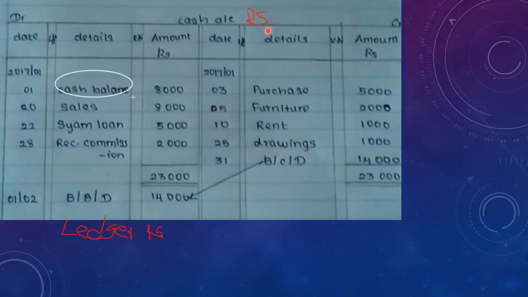So when you come to ledger, we should not open a cash account again. No cash account, no cash balance. For cash balance, you have to open capital account. Understand? You have to open what account? Capital account.